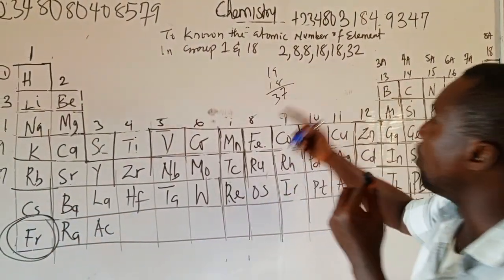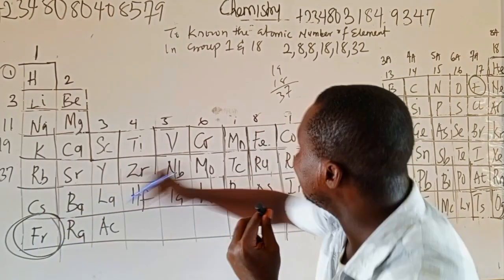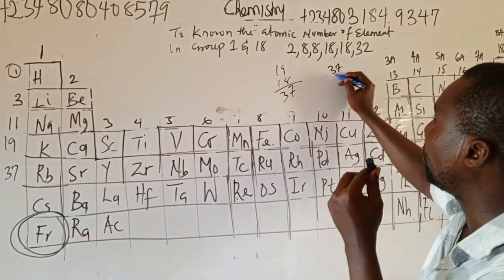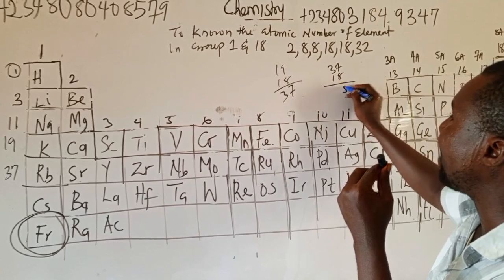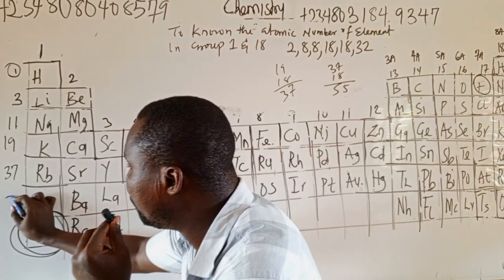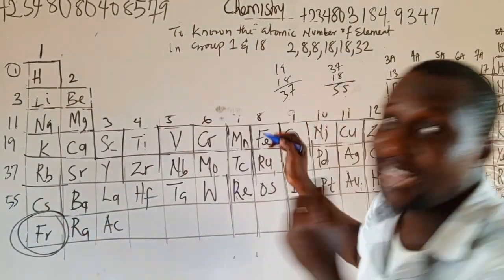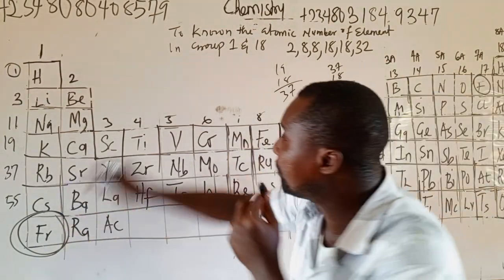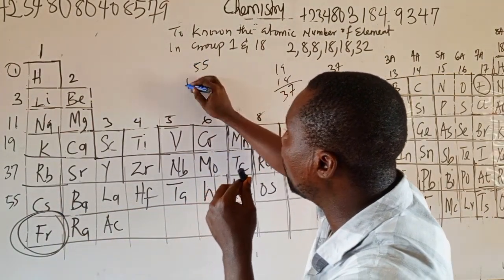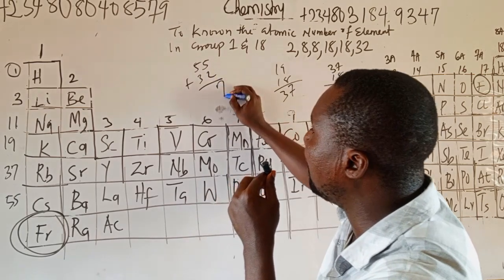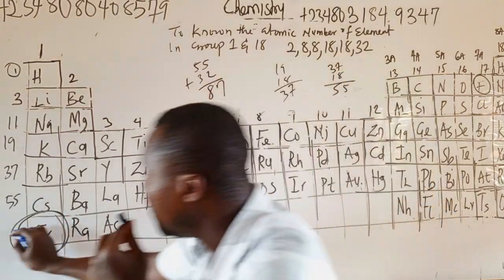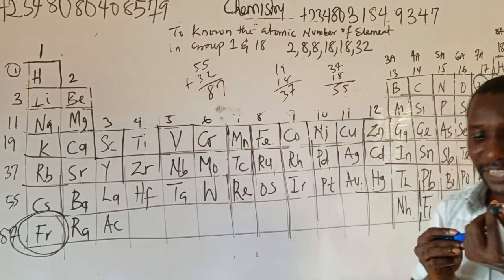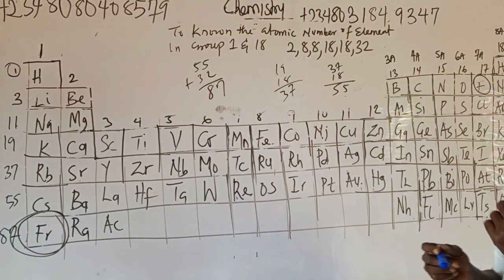To get atomic number of caesium, add 18 again to 37. That means 37 plus 18, we have 55. Then to get atomic number of francium, add 32 to 55, which is 87. That is how to do it. That is a magic number, a special number.